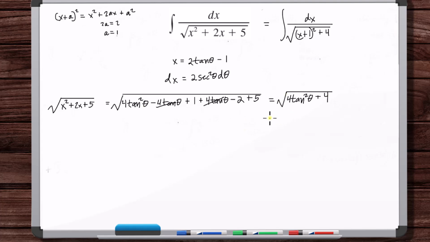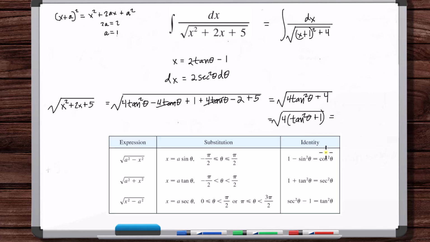So this is 4 times tangent squared theta plus 1, and tangent squared theta plus 1 is secant squared theta.